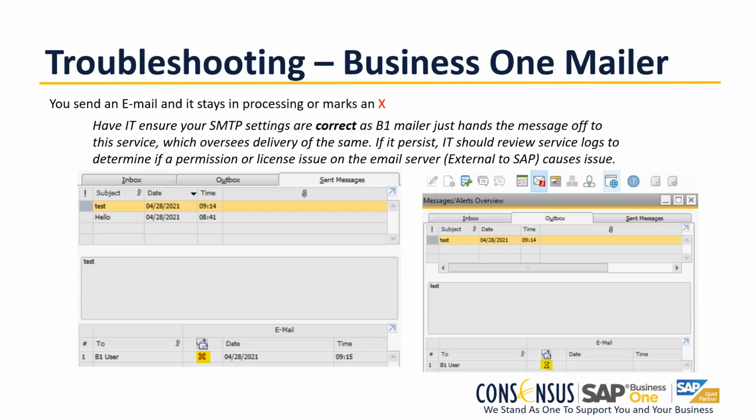So if you place some information in that configuration screen and you try to send an email, but it stays in the outbox forever, or it just says processing, or it gives you this red X, this means that the email service from Business One, the mailer, tried to relay or hand off that message to your external email service like Office 365, Google Apps, a hosted Exchange, Yahoo Mail, whatever it may be, and it failed over there.